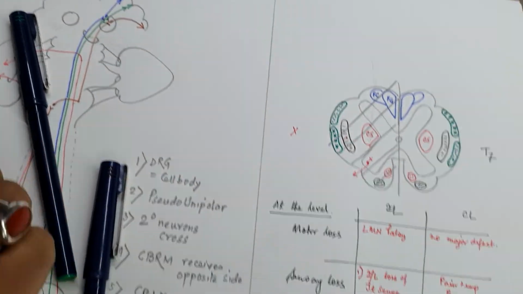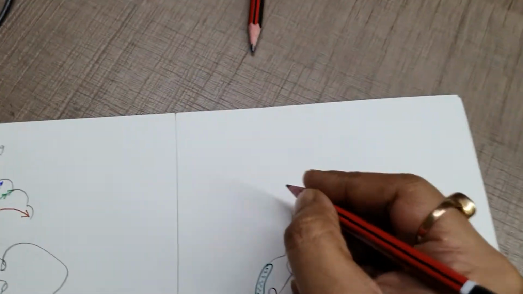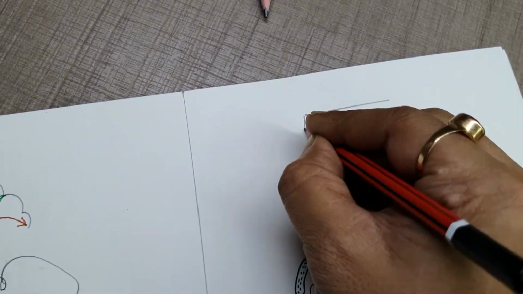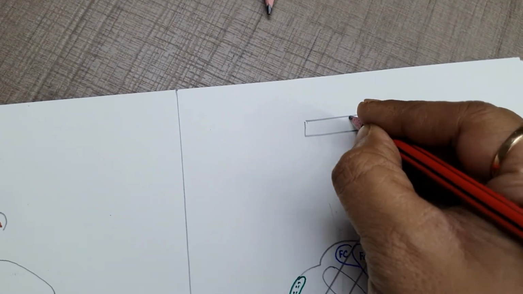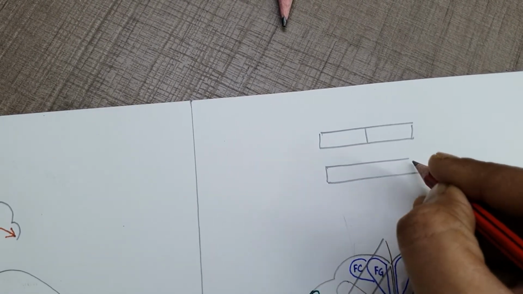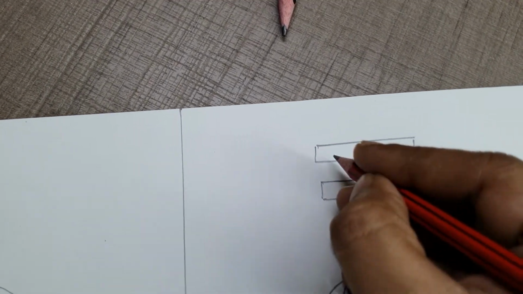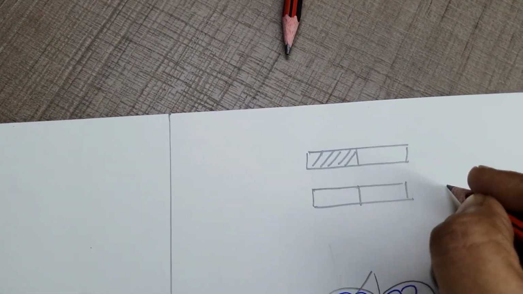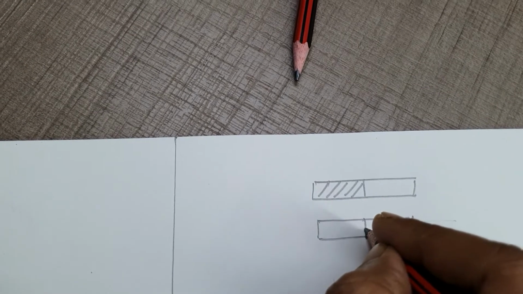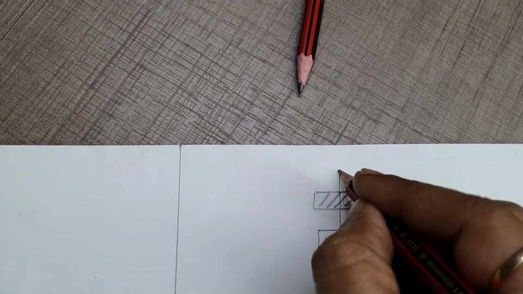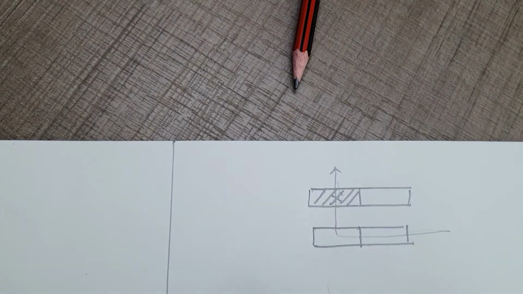That means if I say this is a spinal level and this is a spinal level, damage is occurring here. So fibers coming from the opposite side, which are crossing up, cannot go away. These fibers cannot go away.